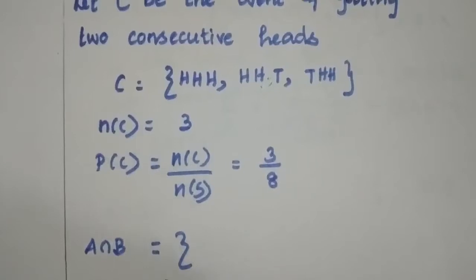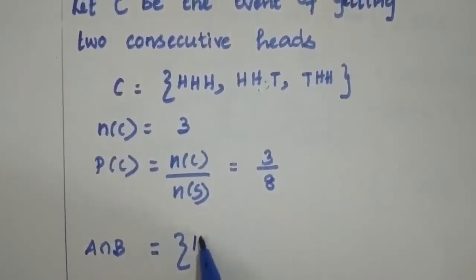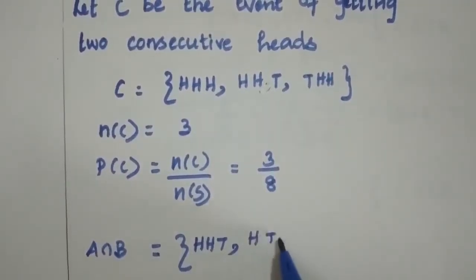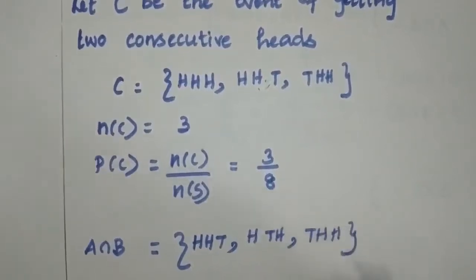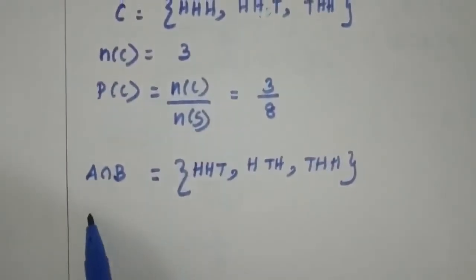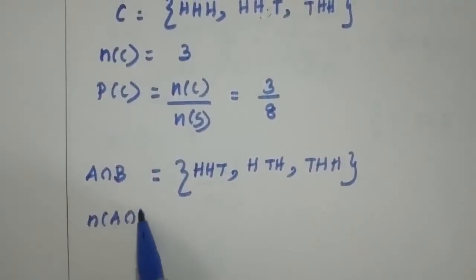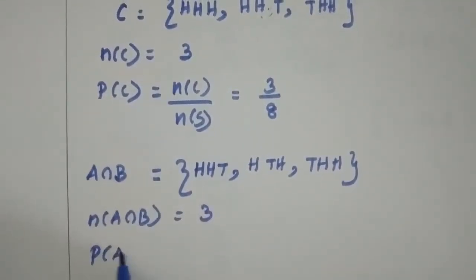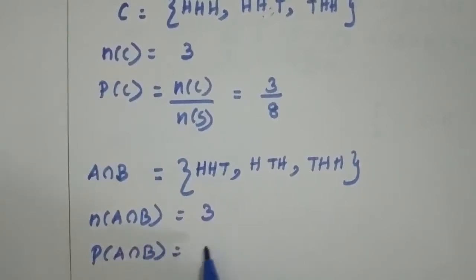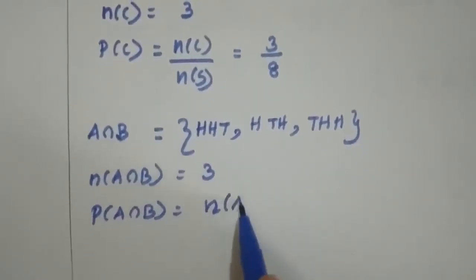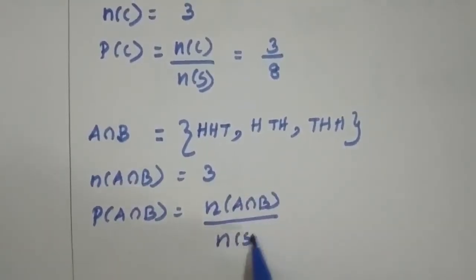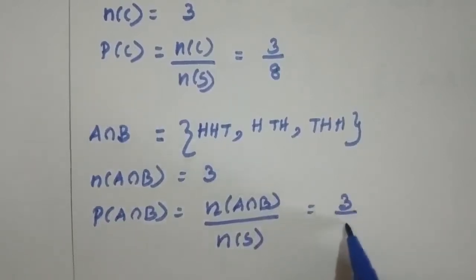So A intersection B is HHT, HTH, THH. n of A intersection B is equal to 3. Now we have to find P of A intersection B, which is equal to n of A intersection B divided by n of S, which is equal to 3 by 8.